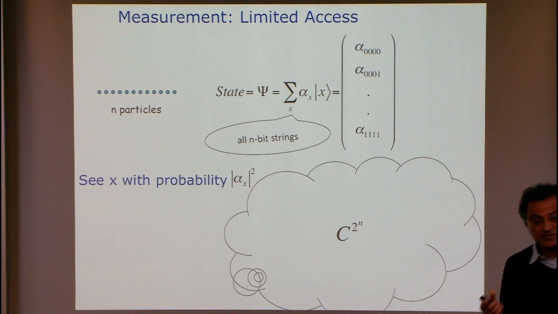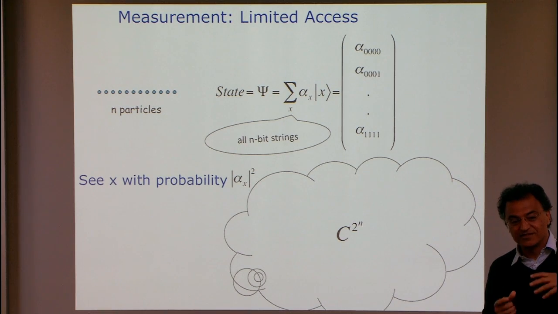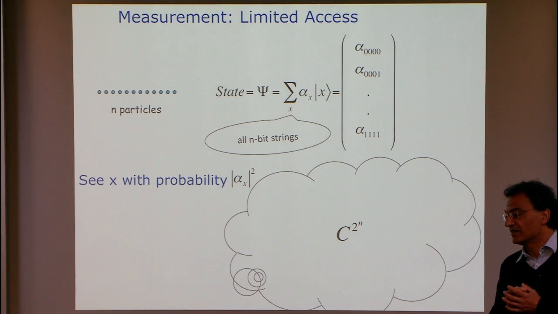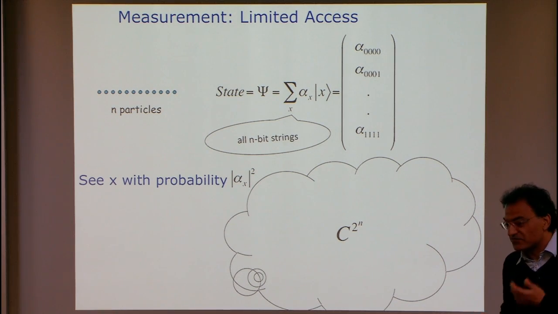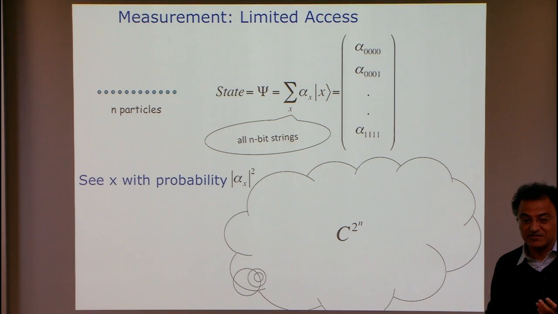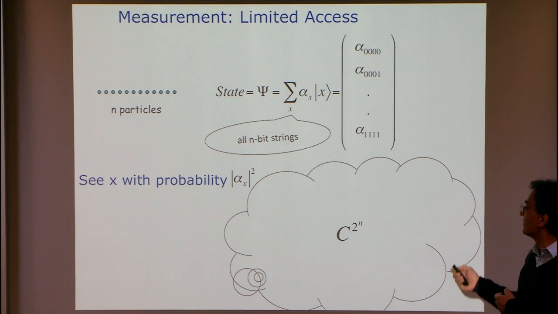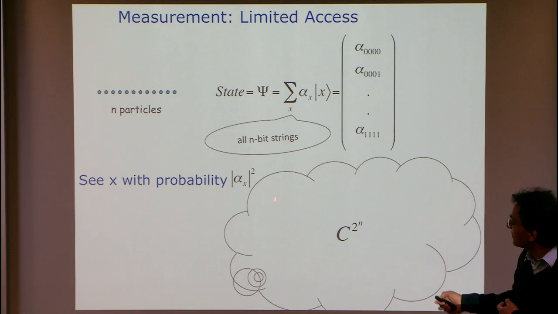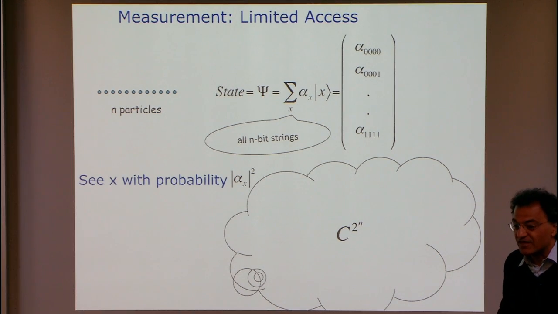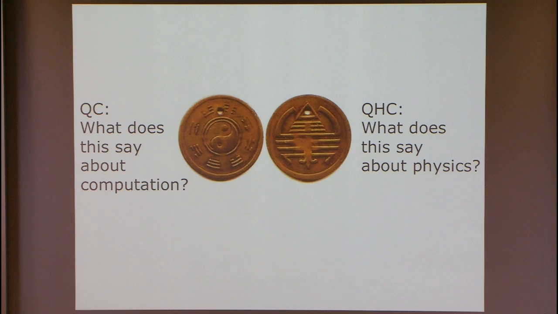And so this exponential superposition is sort of hidden behind the scenes. And so this is, of course, the basis of quantum computation, both the possibilities and also the frustration of it. The possibilities because there's this exponential amount of resources, the frustration because you cannot really get at it until you work really hard.